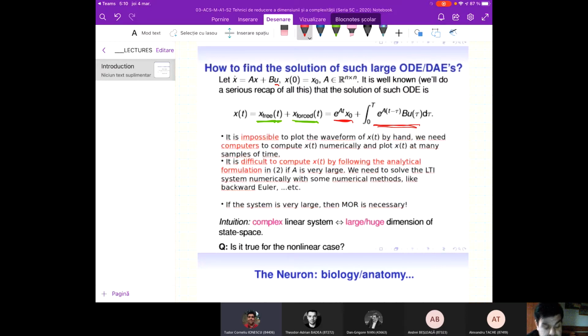If the system is very large, the computational effort is too high and the results are not so good, or we are unable to extract any results from this, the solution is given by model order reduction. Our intuition tells us that a linear system is complex if the dimension of the matrix A is very, very large.